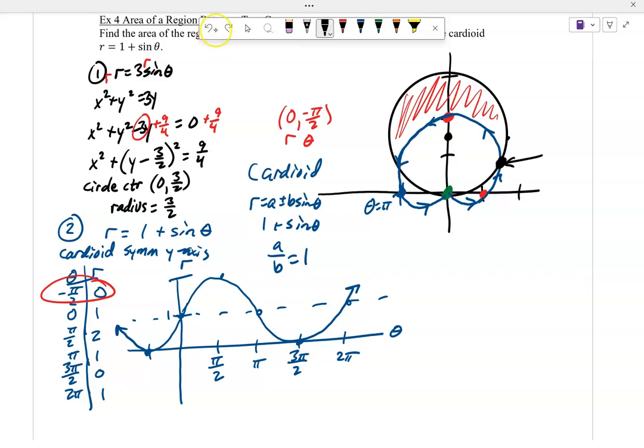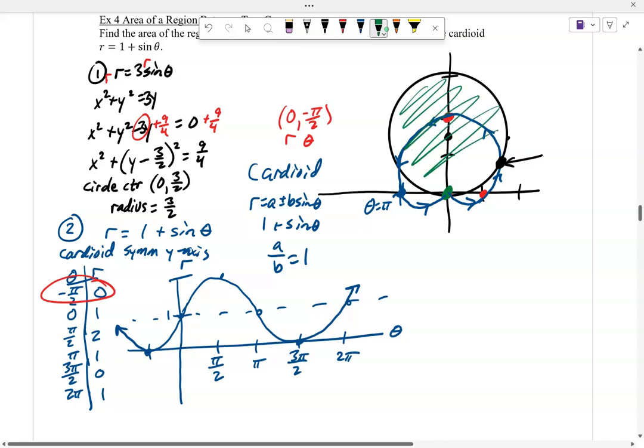Here, let me trace it. So area of the circle would be green from this theta to that.